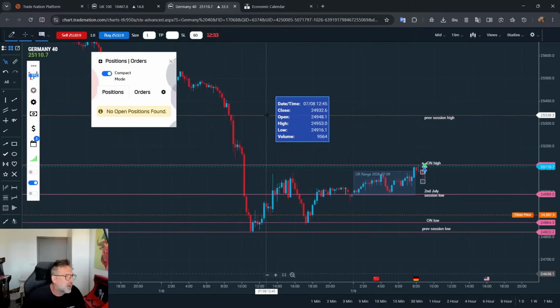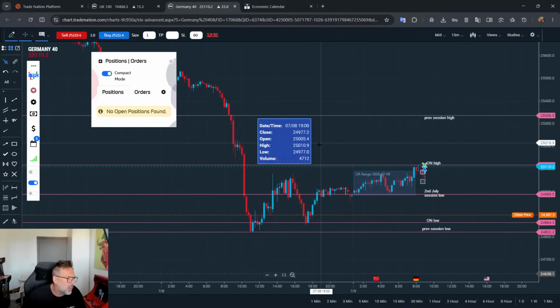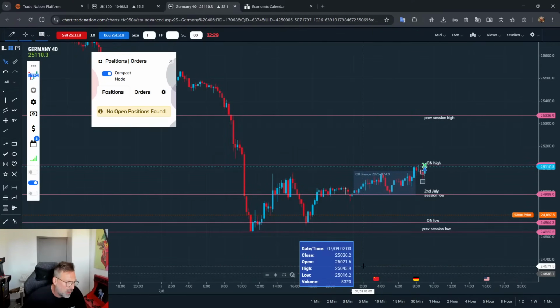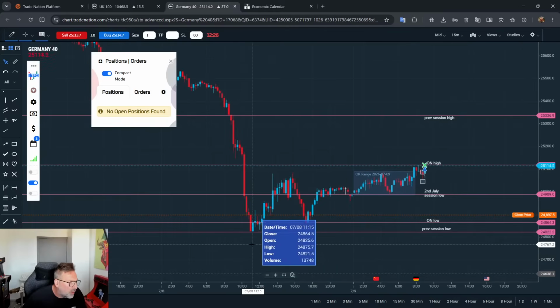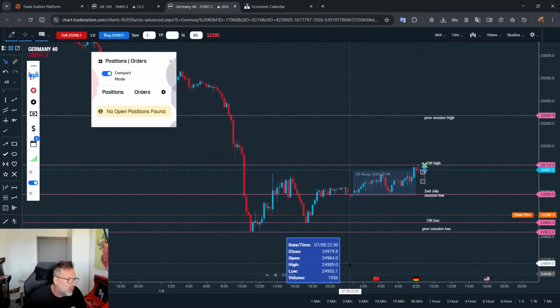But the line placement is just by hand, so that might be a couple points off, but doesn't matter. A couple points or 1 point off. And the session low is down here at 24,821.5. So we were back in the 24,000s. Crazy, crazy.